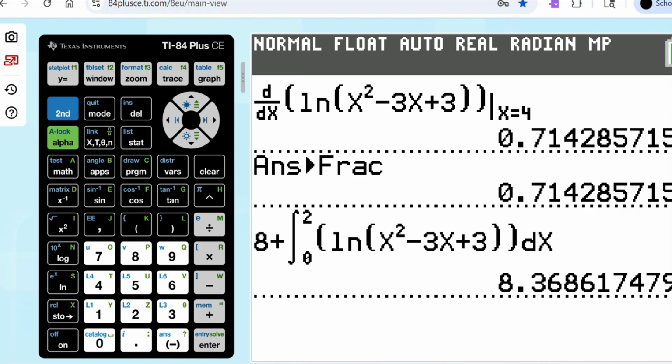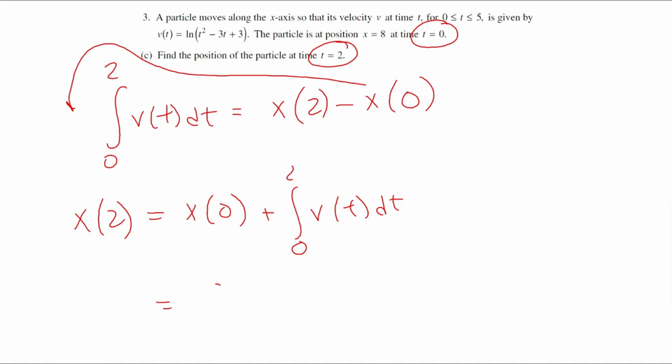And that gives us 8.369, which should be our position. They gave you 3 points there: 1 just for having the integral of v of t from 0 to 2, 1 for dealing with the initial condition, and 1 for the final answer.